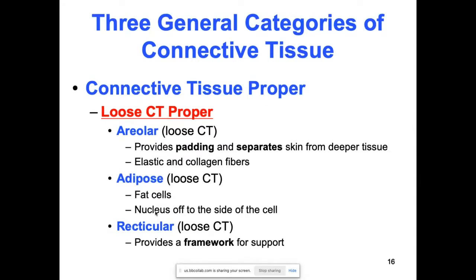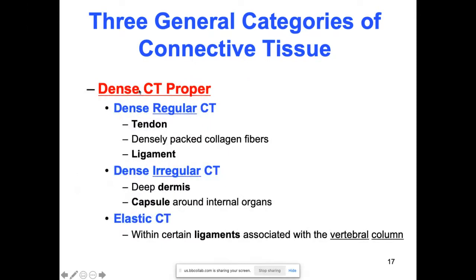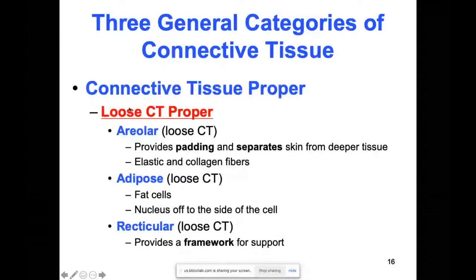That's why during the pandemic we learned about the cytokine storm, and that people who are obese have more fat cells that can release more cytokines, and have a much more difficult time struggling with just about any type of virus or bacteria due to adipocytes. Reticular provides the framework of support for many organs. So that's loose connective tissue: areolar, adipose, and reticular.